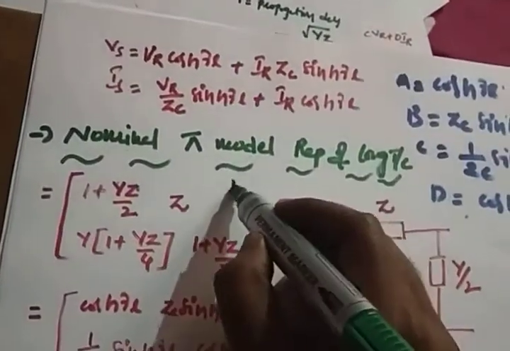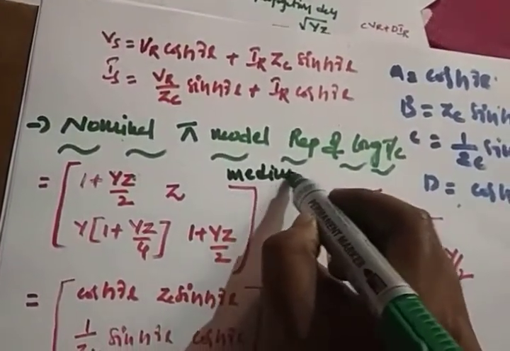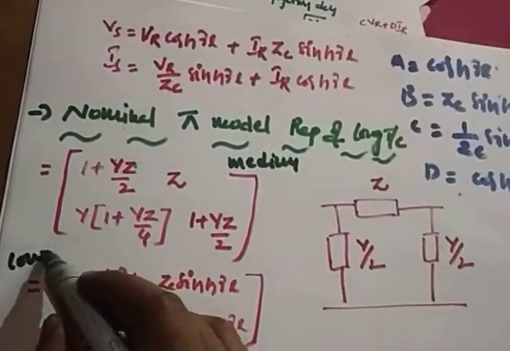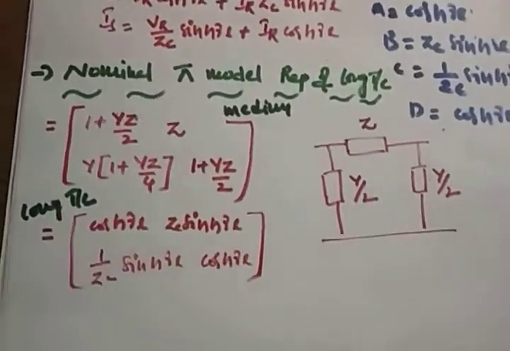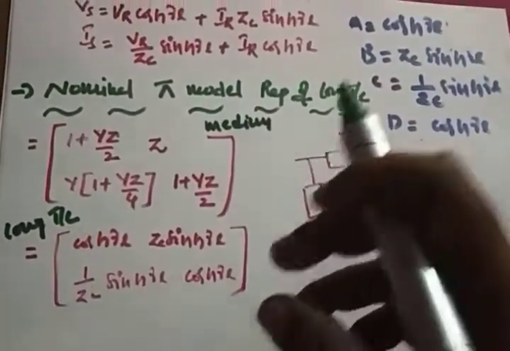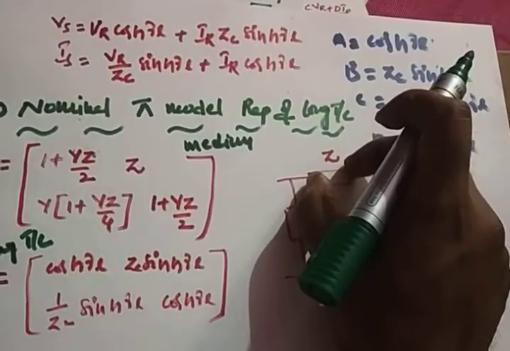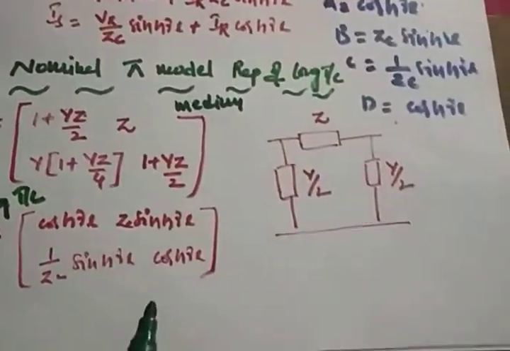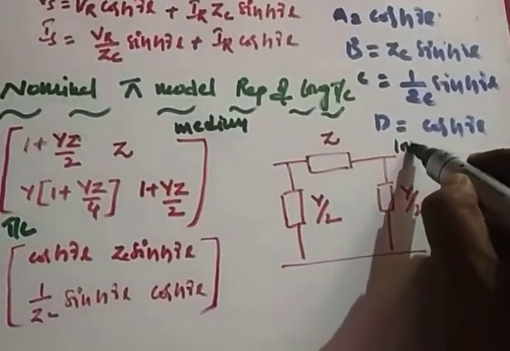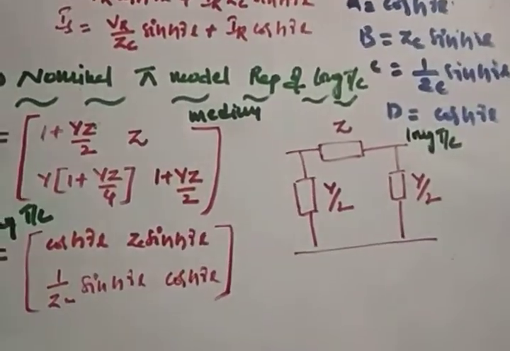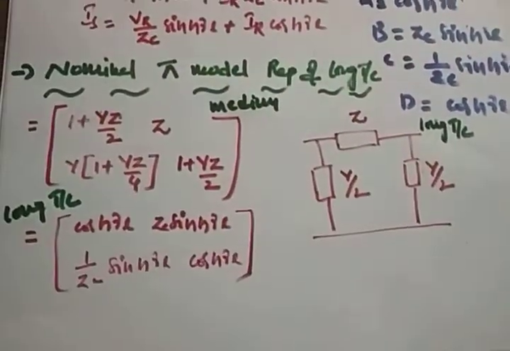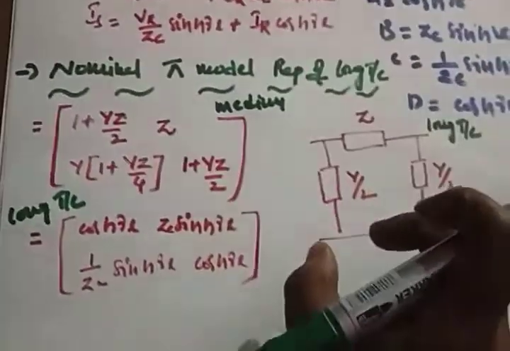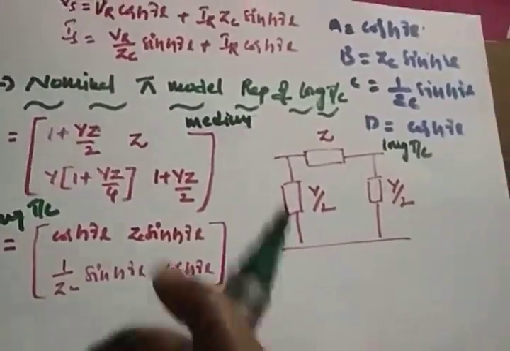This is for a medium transmission line, and this is for a long transmission line. You just compare both, find the value of Z and Y, and substitute in the long transmission line. This gives the equivalent pi model representation of a long transmission line.